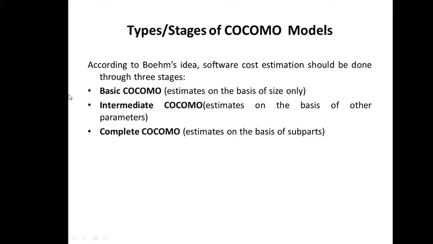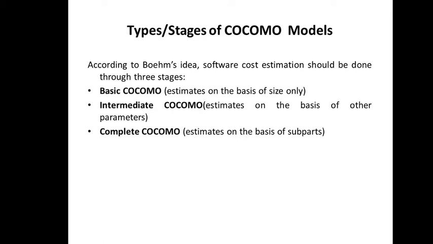So what does the complete Cocomo model say? It says that when a project consists of multiple subparts, why consider the complete project as one category? Maybe it has certain subparts that belong to different categories, so the overall estimation we make will not be accurate.